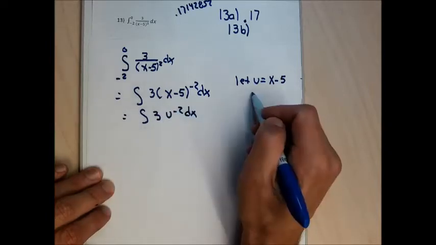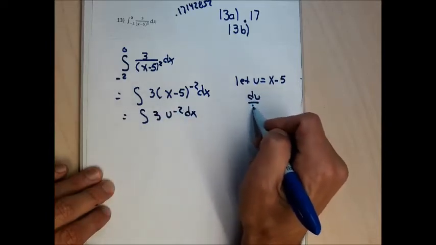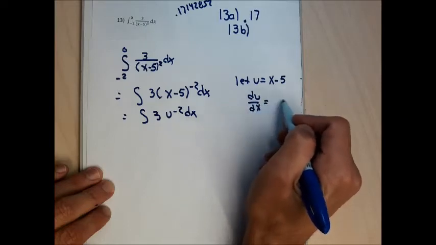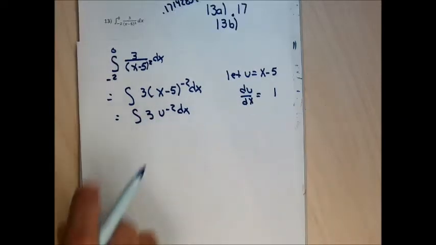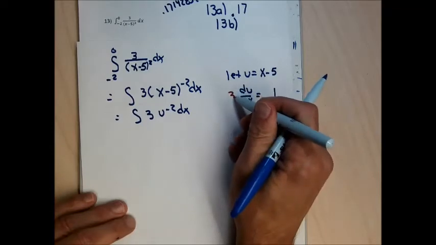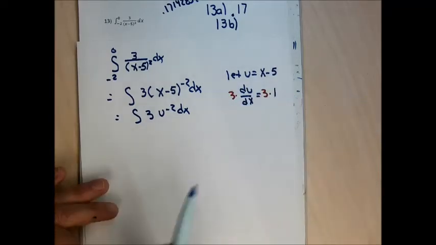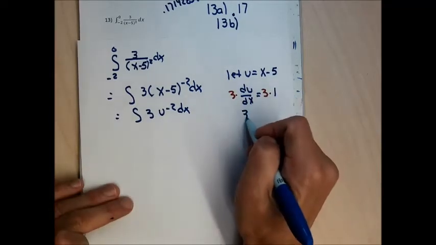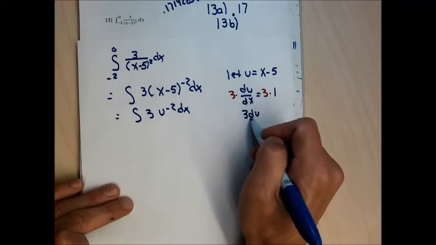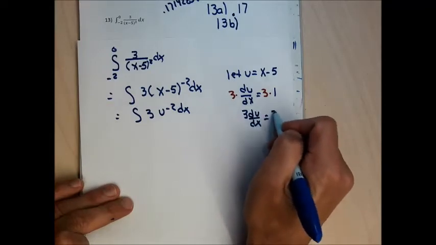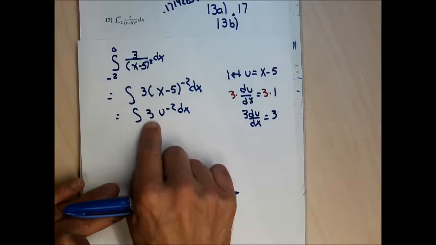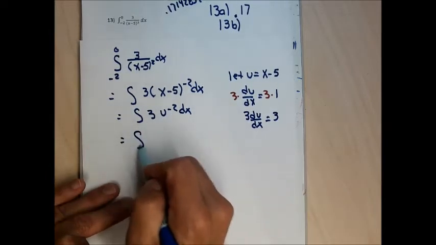I'm going to take the derivative with respect to x. That derivative is 1. I'm trying to replace a 3, so I'm going to multiply both sides by 3, and I'm going to get 3 du/dx equals 3. So I'm going to replace that 3 with a 3 du/dx.